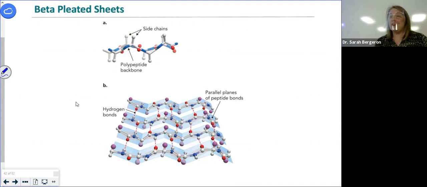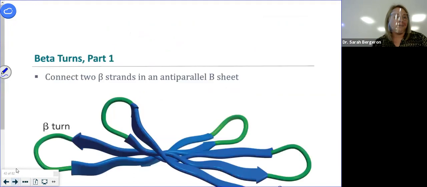If you're into sewing, you know how to sew pleats into a skirt, a pleated skirt, that's what it looks like. Most people don't know how to sew, but that's what it was named after. It looks like a wave, right? So it just gives them a little bit more free range of movement for those really big side chains.